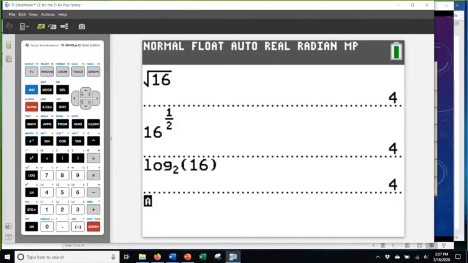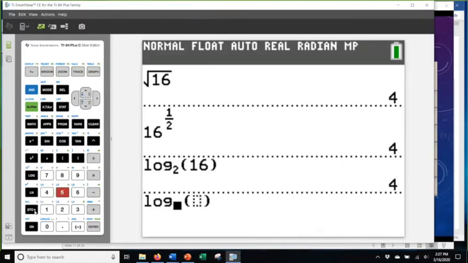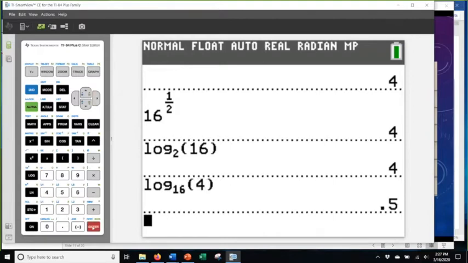Log base 16 of 4 is a half, or 0.5. There was one that was 8 to the x equals 16.